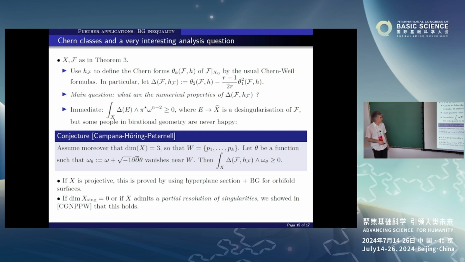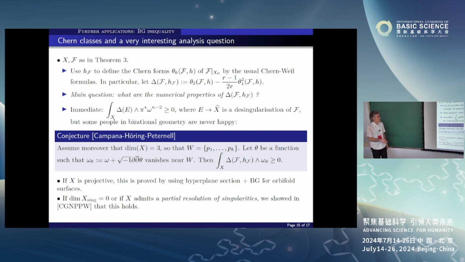Now, if the dimension of the singularities is 0, or if X admits a so-called partial resolution of singularities, then we showed with many authors that this holds true here. Partial resolution of singularities means that we get some map from X hat to X, which is biholomorphic outside this set of points.